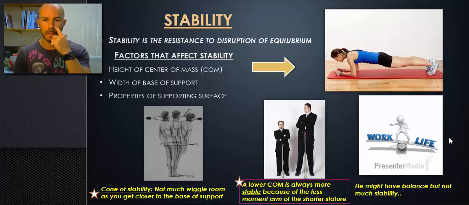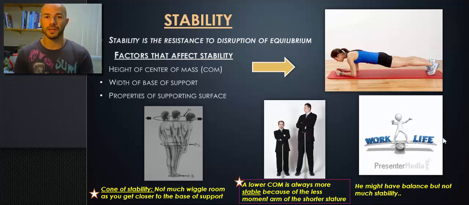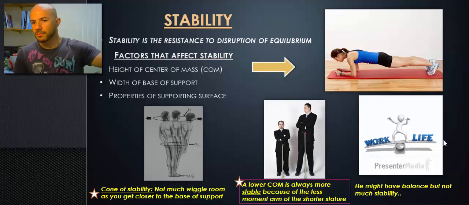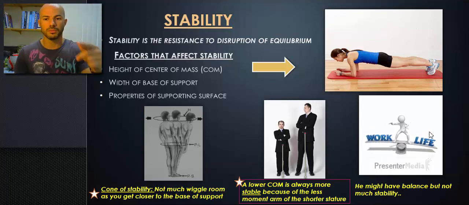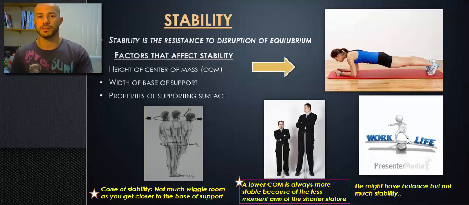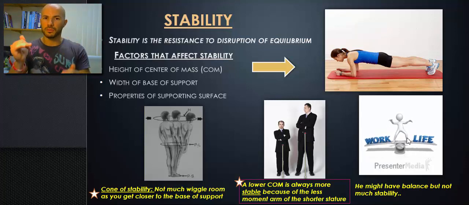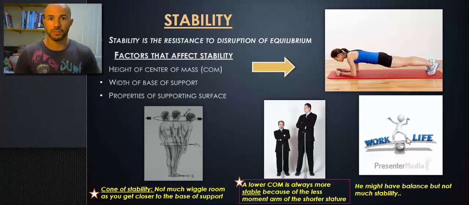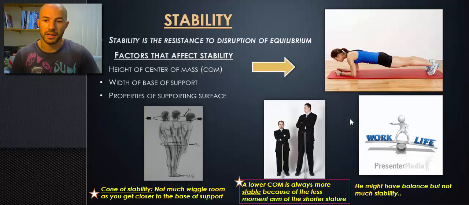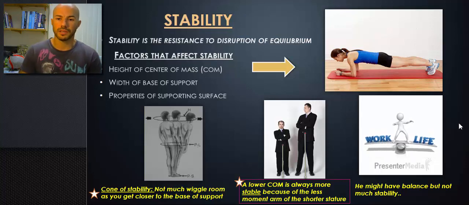He still keeps it. But is he stable? That is the question. There is constant movement going on in the system, but he is not very stable. Why? Because he can't really resist and keep the system stable. Therefore, by definition, he has dynamic balance, but he's not really stable.